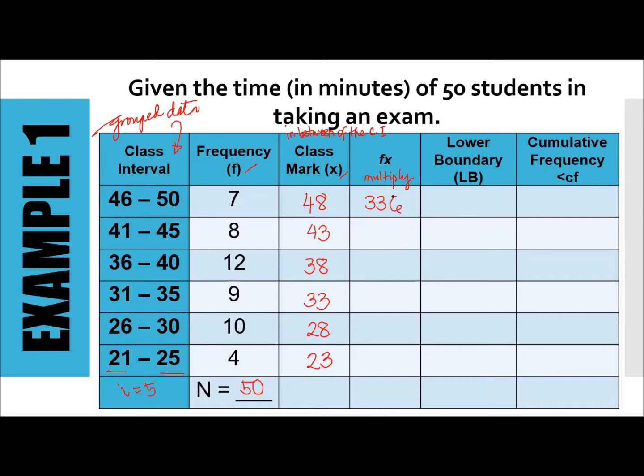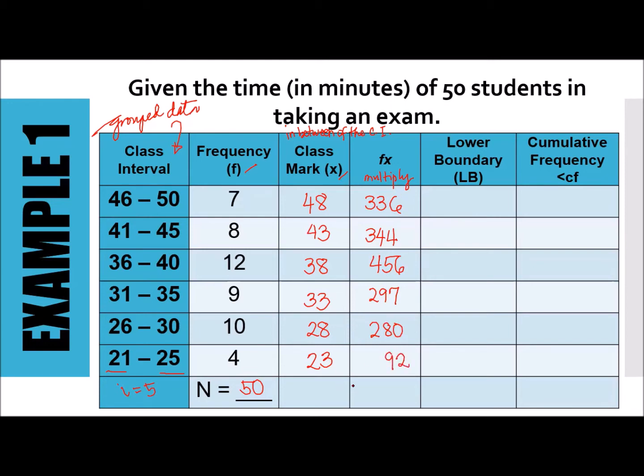And then 8 times 43, the answer here is 344. 12 times 38, we will have 456. 9 times 33 is 297. And then 10 times 28 is 280. And 23 times 4 is equal to 92.